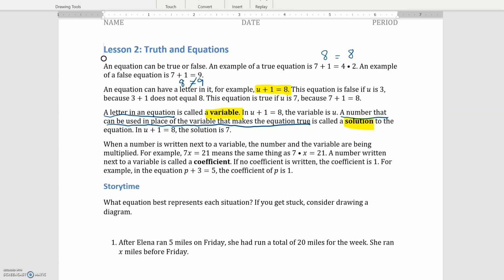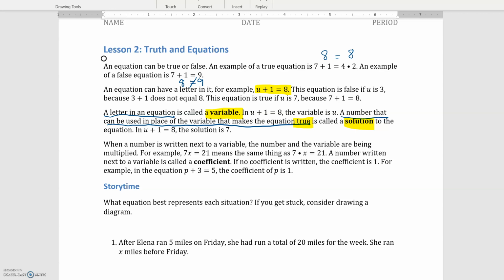In u plus 1 equals 8, the solution is 7. So those are two keywords. A variable is the letter in an equation. A solution is a number that can be put into the variable that makes it true. Keyword being true.